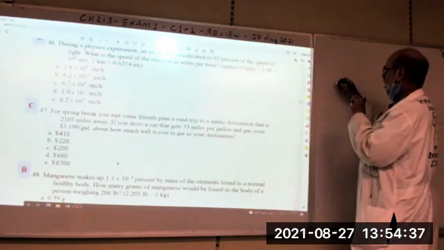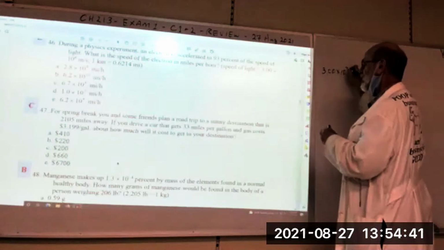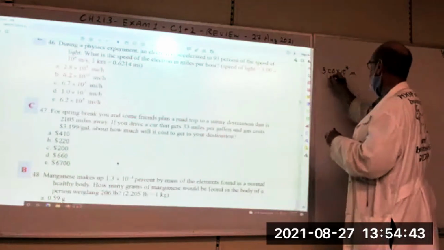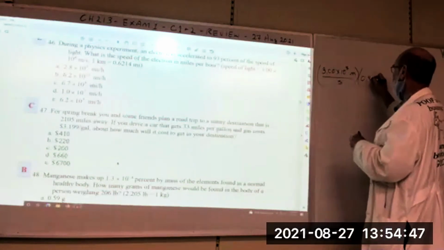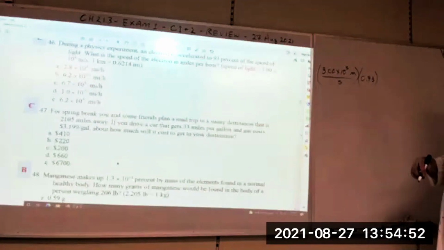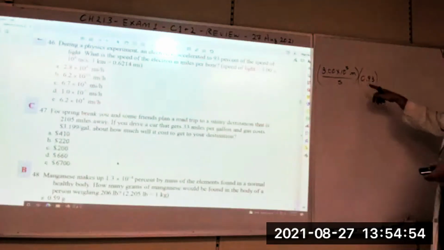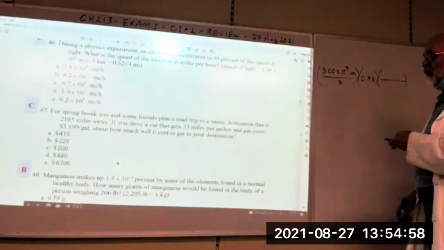Okay, so our starting position is 3 times 10 to the 8th meters per second times 0.93, which is the decimal equivalent of 93%. So that's going to be meters per second. And we want to end up with miles per hour.